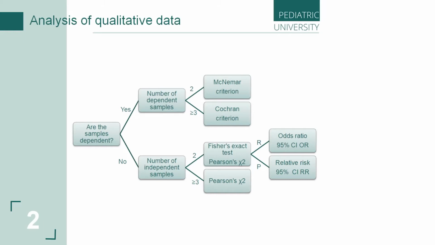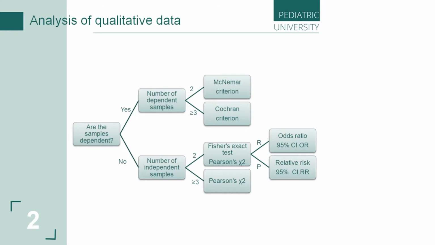So if we have dependent samples, we then look at the number of these samples. Firstly, dependent or independent. Secondly, how many samples we have in our analysis.